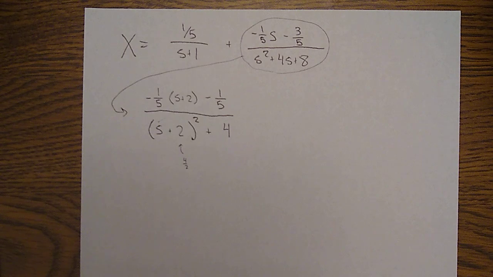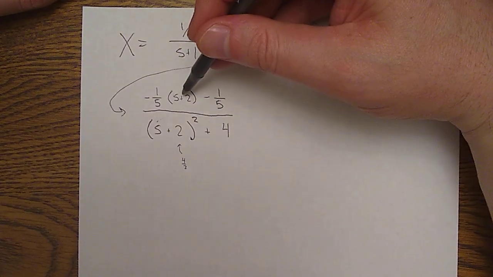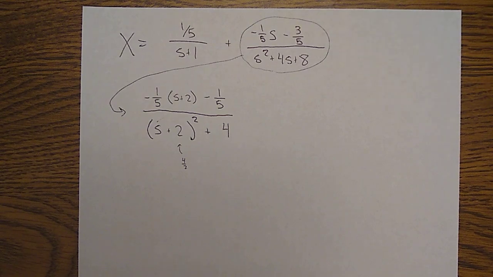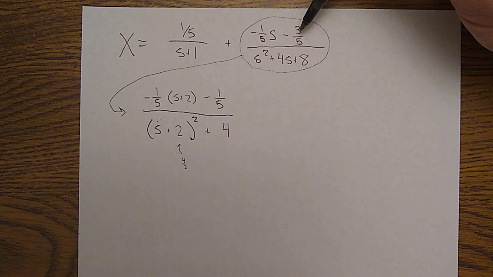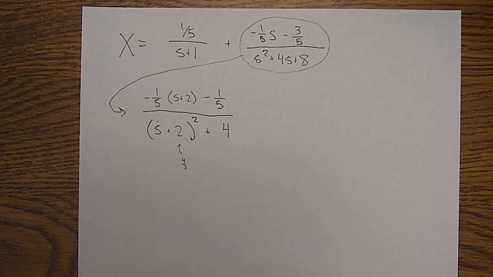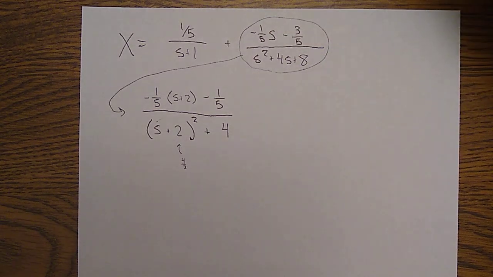That's my goal, and that's how the top should look. So I make the top look that way. I put this s and make it an s plus 2, and then I look around to see, okay, obviously I can't just do that. I have to change something else. I have to balance something to make sure it's all the same as it was before.